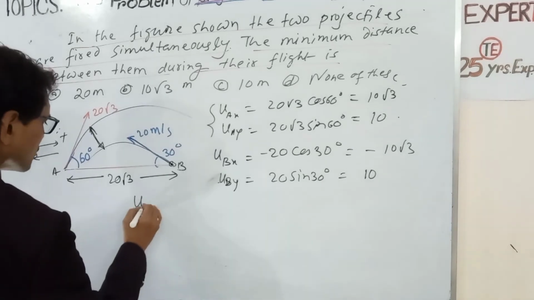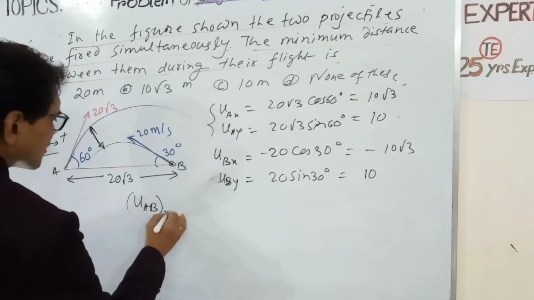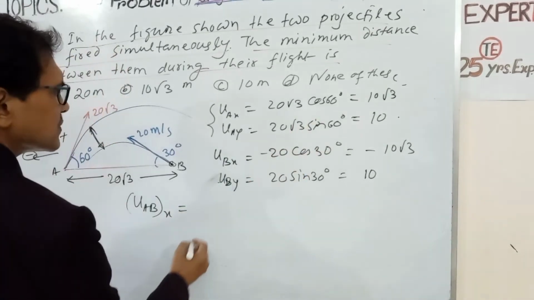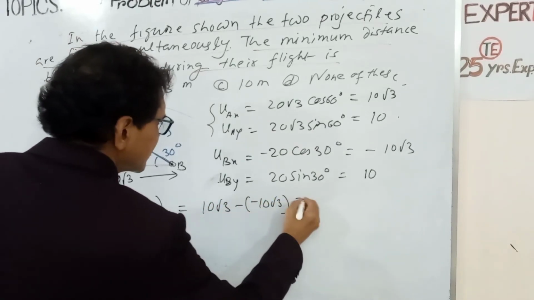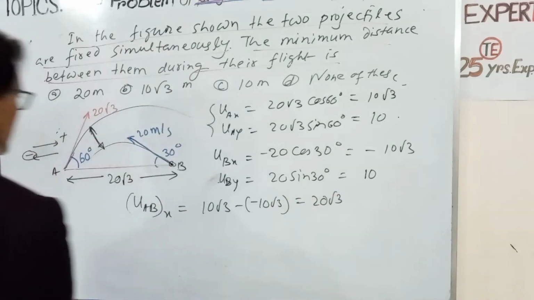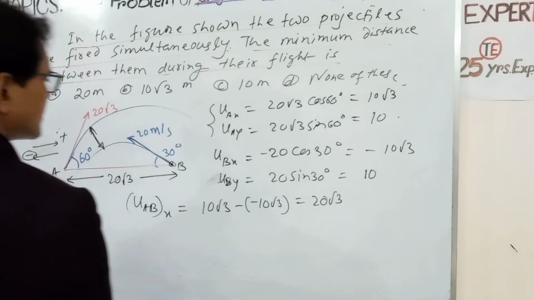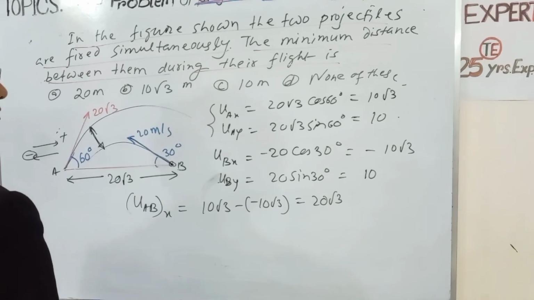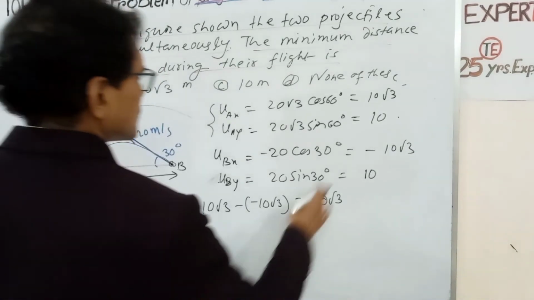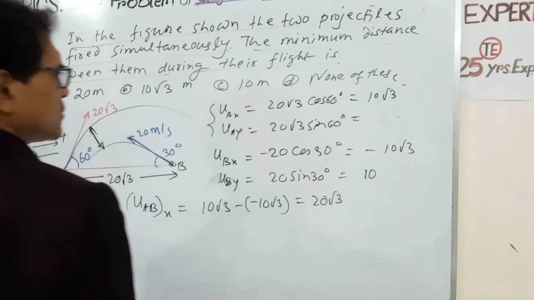So now we have to consider the relative velocity along the x direction, so this becomes 20 root 3.